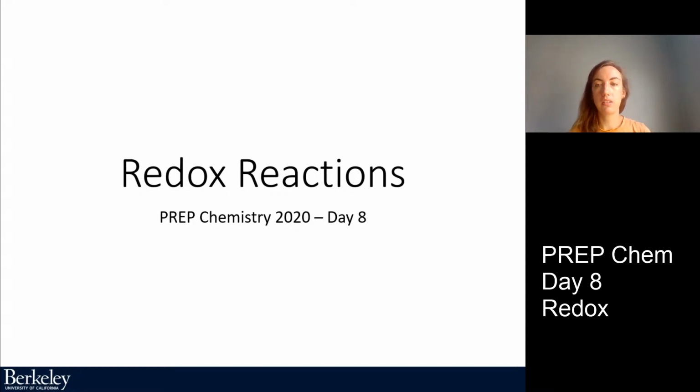First, there was a question in the chat about when you're doing yield and limiting reactants and there are multiple products, which product you should use. It depends exactly what the question is. If you're just trying to figure out limiting reactant, then what you want to know is which reactant is going to run out first.